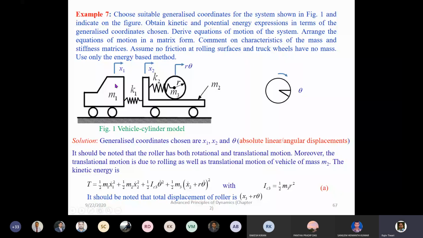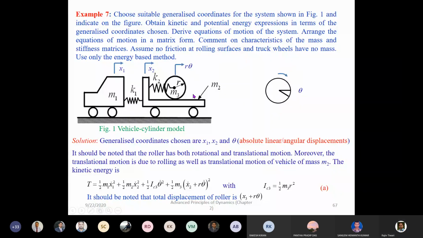So the generalized coordinate of this we define as x1 because it can move in the horizontal direction. This trolley is x2. This can roll with the angle theta, and because the radius is r, the distance traveled during the rolling will be r theta, which I'm taking positive in this direction.